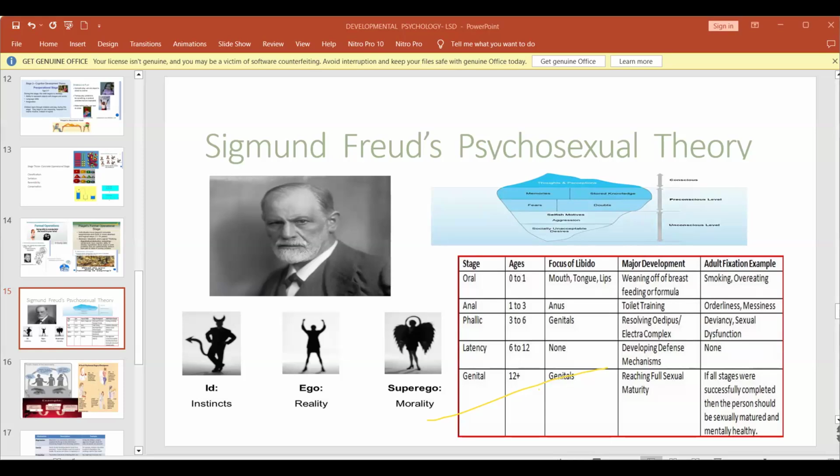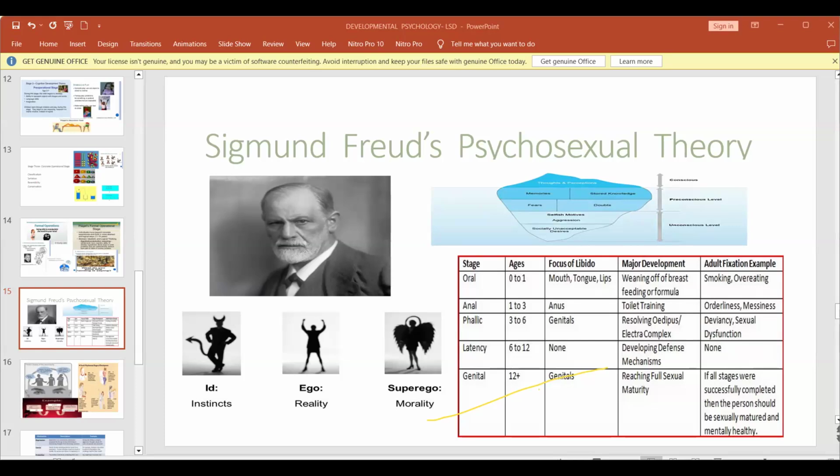But we are Sri Lankans. In the Sri Lankan cultural context, you can't engage in sex until you get married. So what happens? Your ego makes you postpone it until you are married.